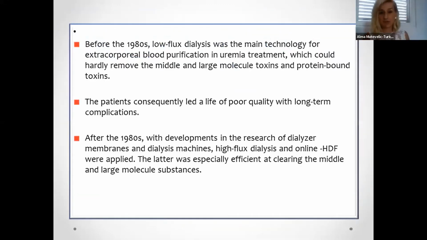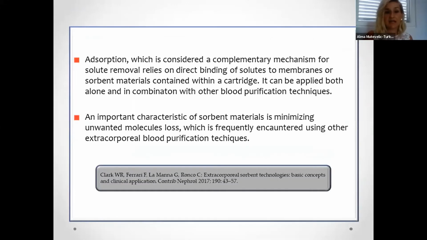When it comes to a matter of time, before the 80s, there was just low flux dialysis. Afterwards, there was high flux, and then there is a newest method, adsorption. Adsorption is considered a complementary mechanism for solute removal, which relies on direct binding of solutes to membranes or sorbent materials.